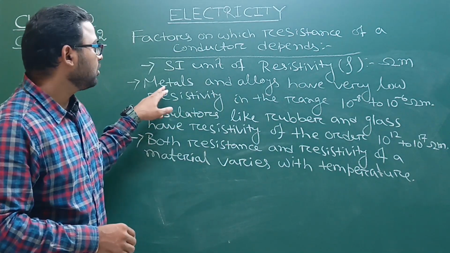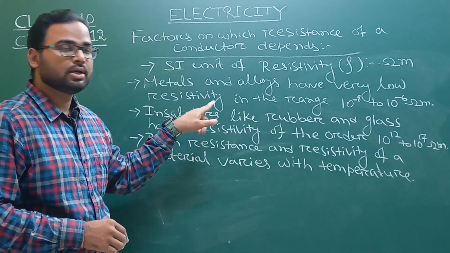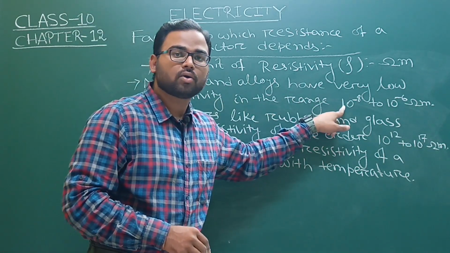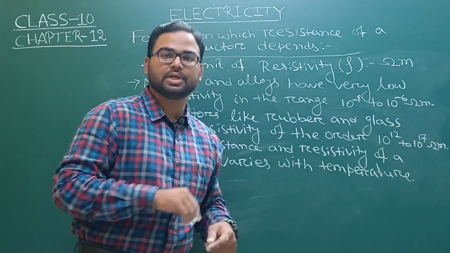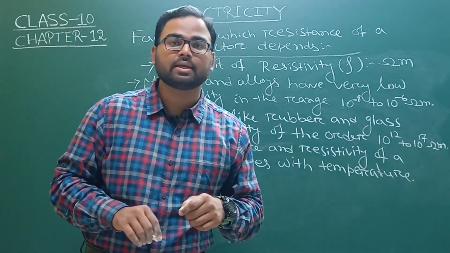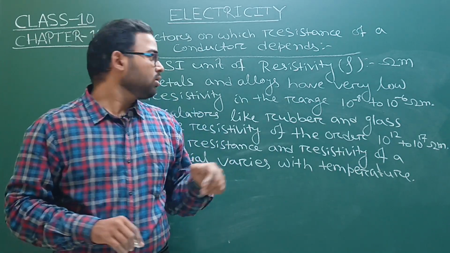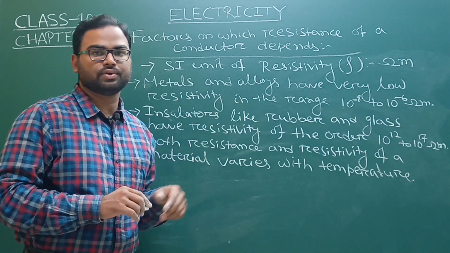Then metals and alloys have very low resistivity, in the range 10 to the power minus 8 to 10 to the power minus 6 ohm meter. Means the materials like conductors, or we can say metals and alloys, have low resistivity.